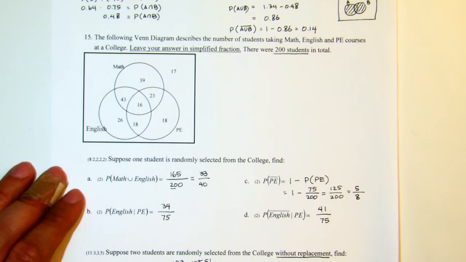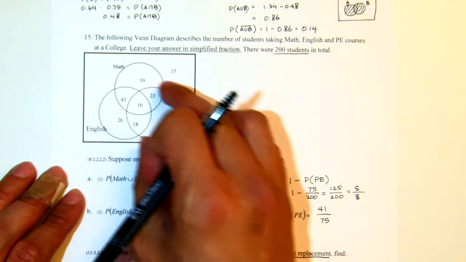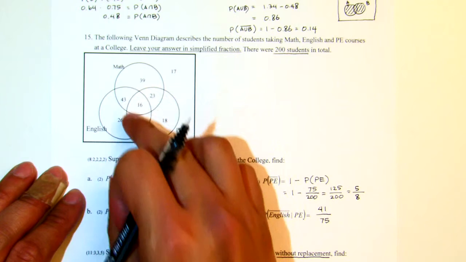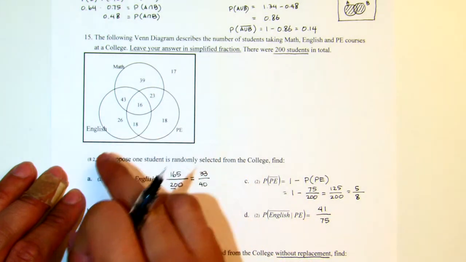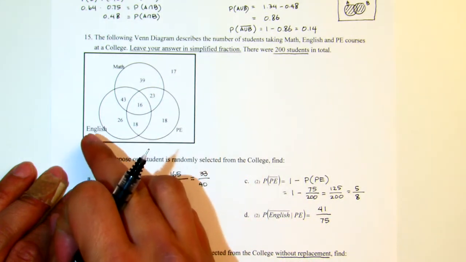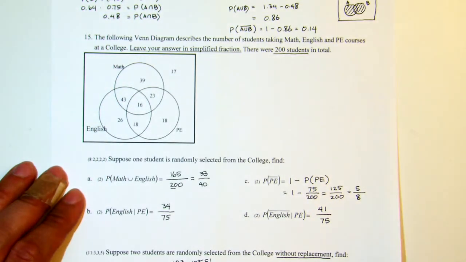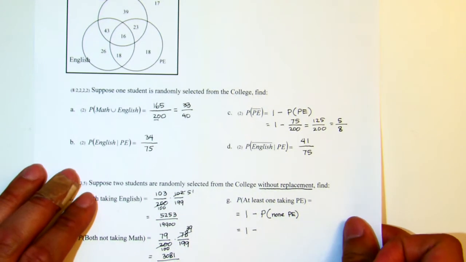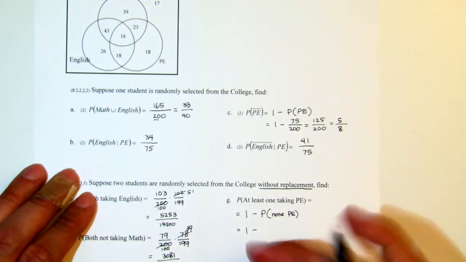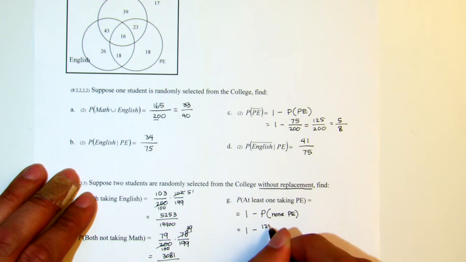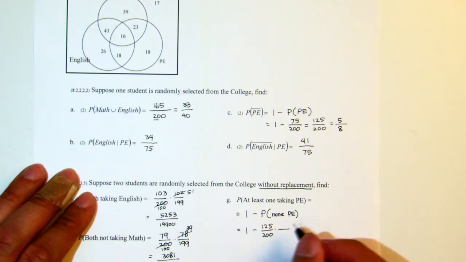We computed earlier there were 75 students taking PE, so there were 125 students not taking PE. So what is the probability that the first one is not taking PE? It's 125 out of 200, times the second person not taking PE, which is 124 over 199.